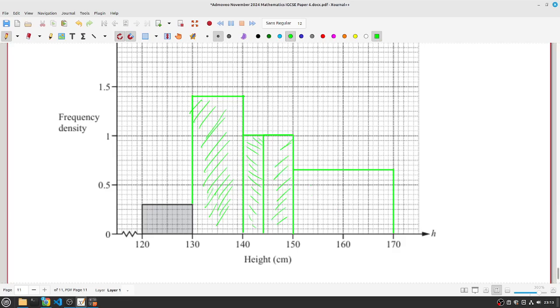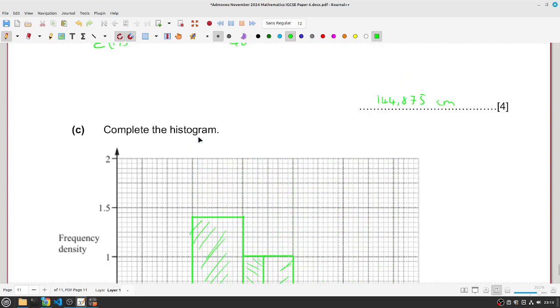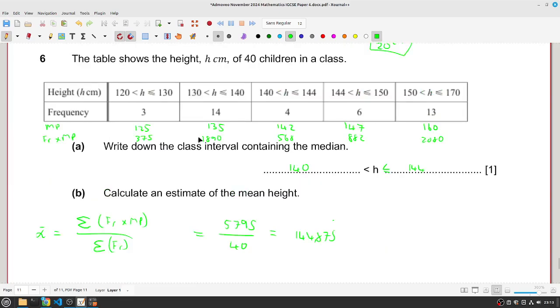You don't really have to do it, but the easier you make it to understand what you drew and to see the lines, the easier the markers will mark. Histogram complete, and that is the end of this exam paper.